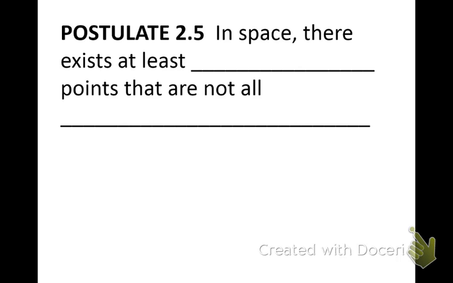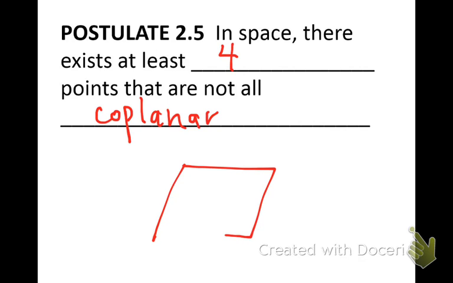In space, there exist at least four points that are not all coplanar. A picture of that would be like this.